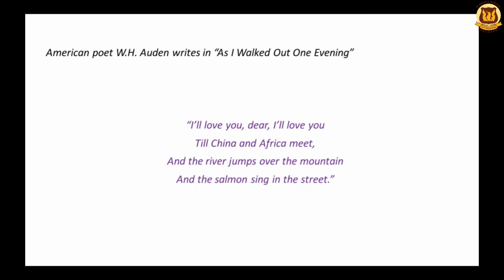How can a river jump over a mountain? And when will the salmon be intelligent enough to sing, or evolved enough to walk the street? Of course, none of these things will happen, so it implies that the author will love her forever. W.H. Auden is using hyperbole to emphasize the strength of his love.